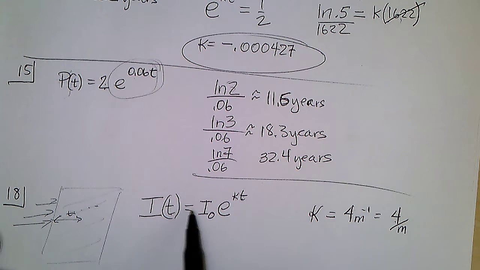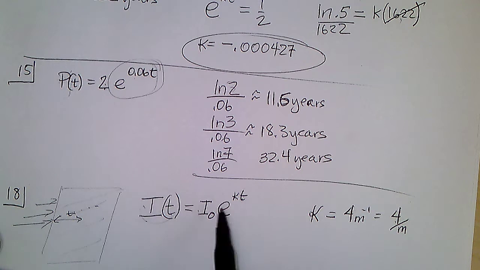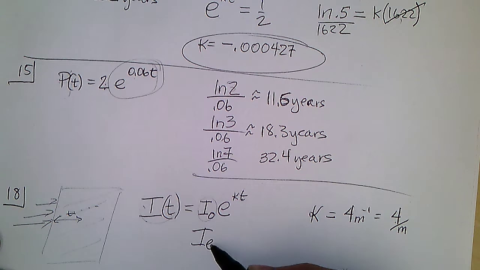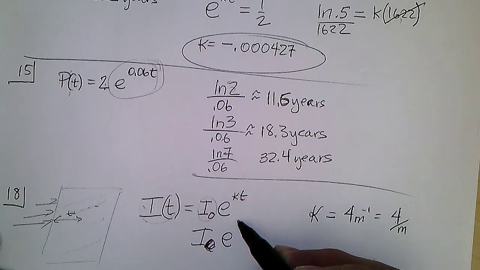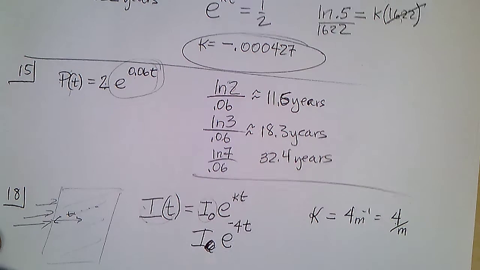Times this would give us the intensity left if there's some intensity at the beginning. So the equation is I0 e to the, and its intensity is decreasing, so we have to put minus 4t.